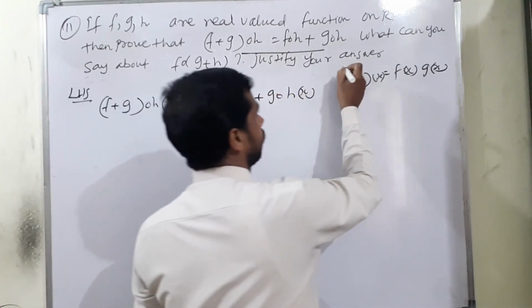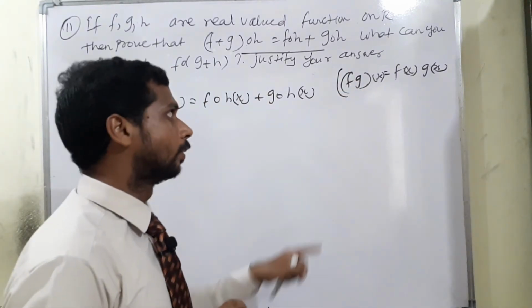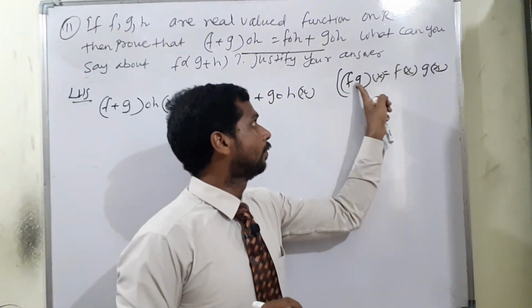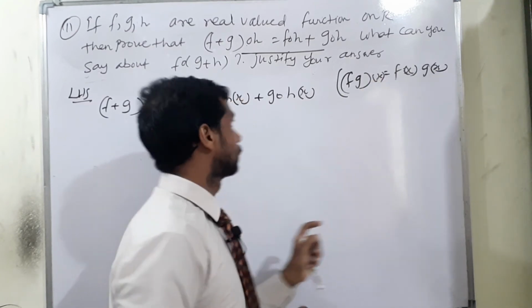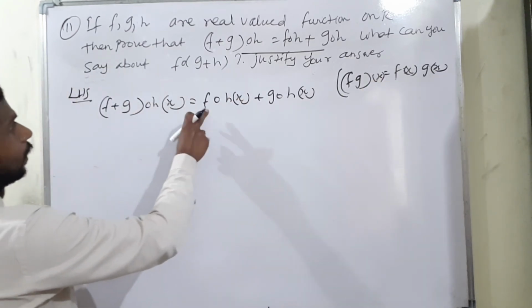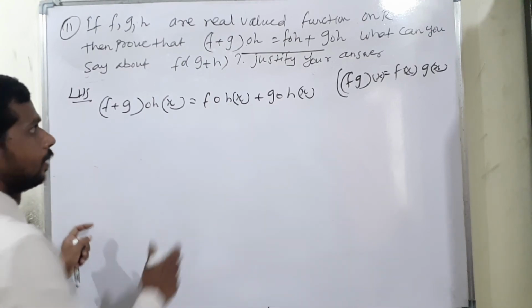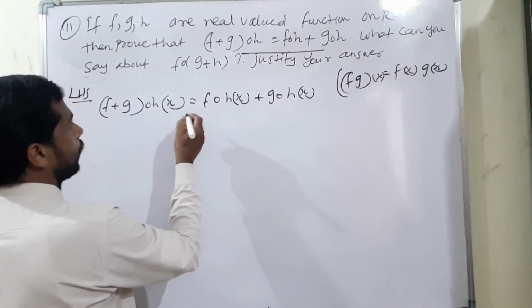This is already definition 1.11, the product rule. f g of x means each and every time f of x into g of x. Similarly, we can apply f dot h of x plus g dot h of x. So this is how to rearrange it.